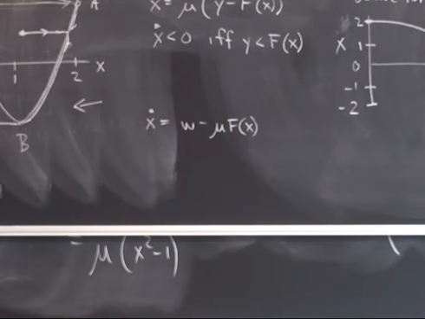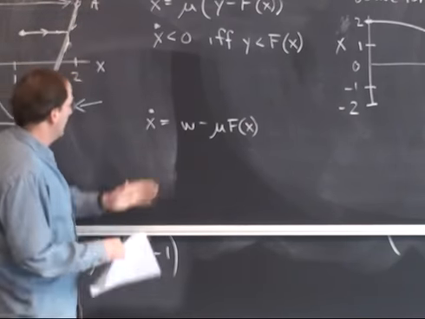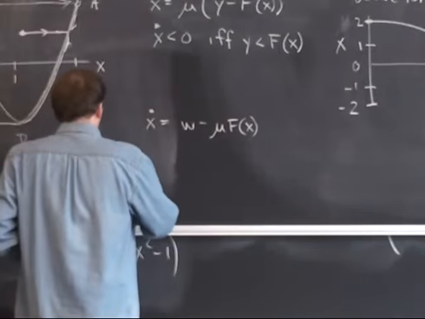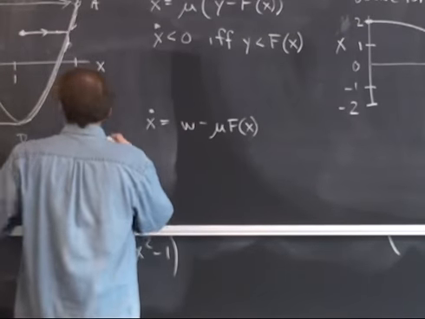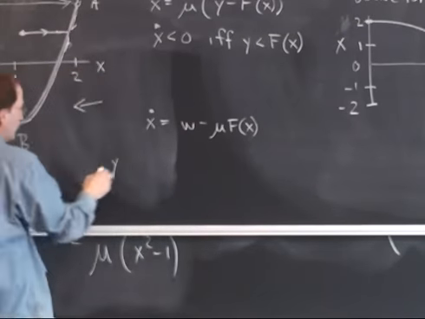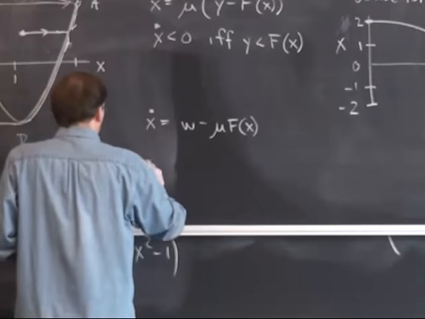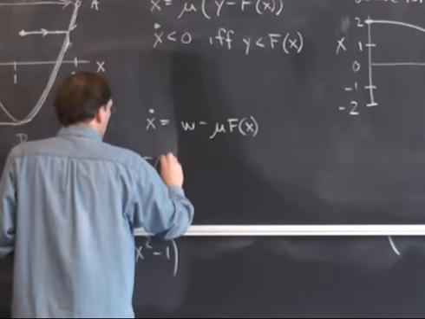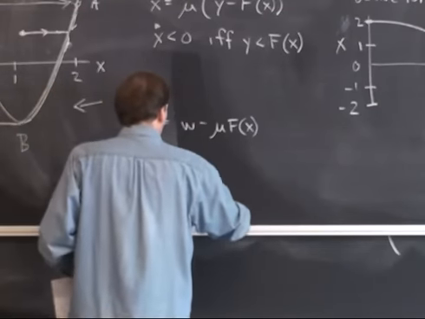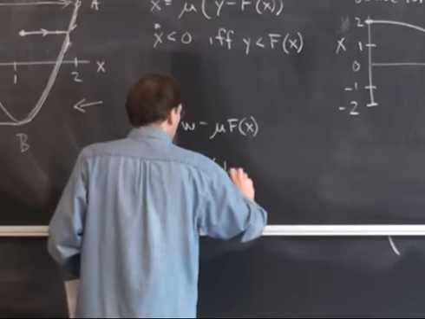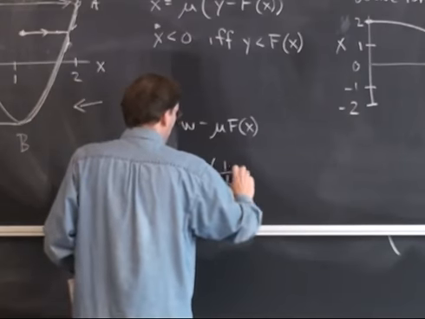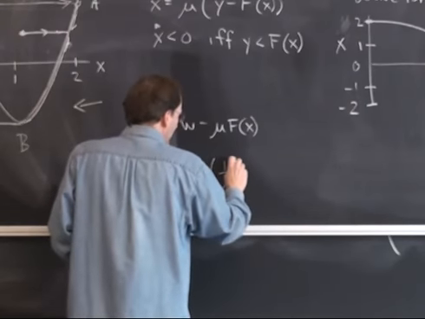By the way, just to clarify your last question, what we really should be saying is, what is it that we think is going on? I think what we really believe is that on the true limit cycle, we have y equals f of x plus a small correction, which I don't remember what it is, but I think it might be of order 1 over mu, or maybe it's 1 over mu squared or something.